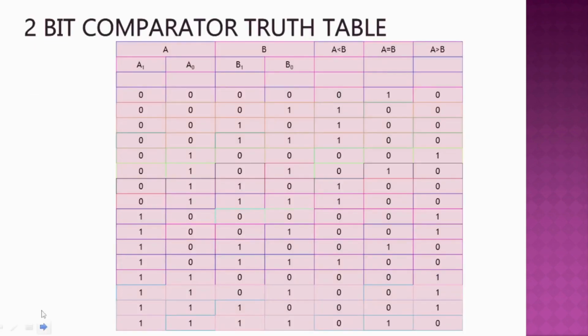This is the truth table for the 2-bit magnitude comparator. With the help of this truth table, you need to derive the characteristic equation and the K-map. For A, you will have 2 inputs, A1 and A0. For B, B1 and B0.